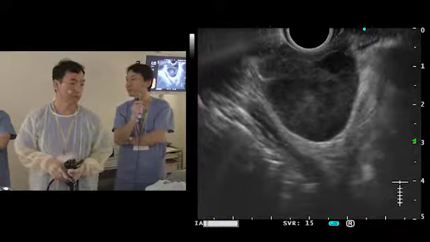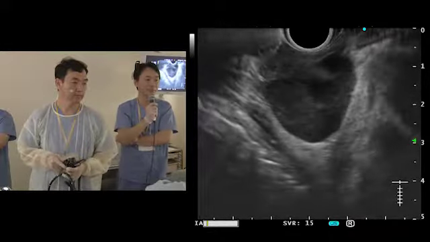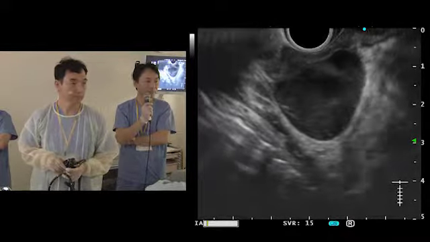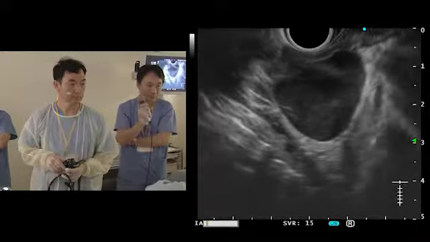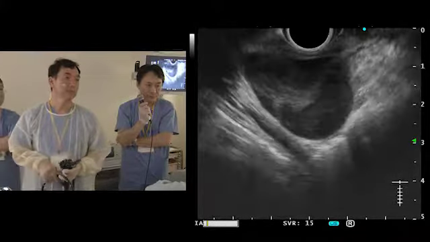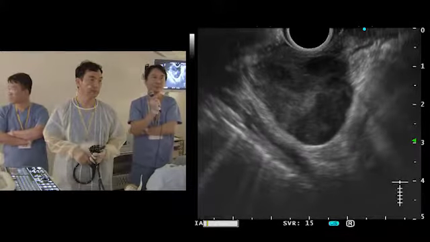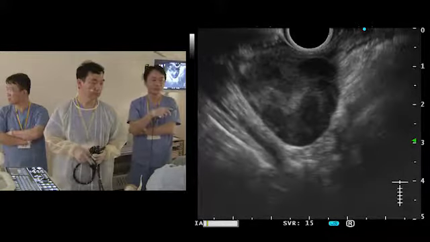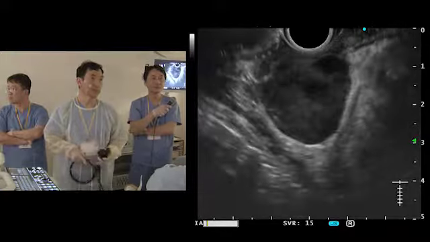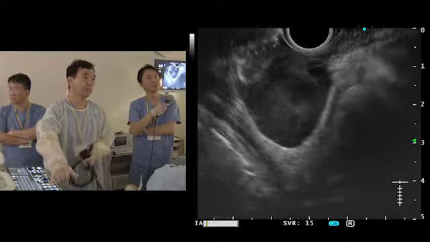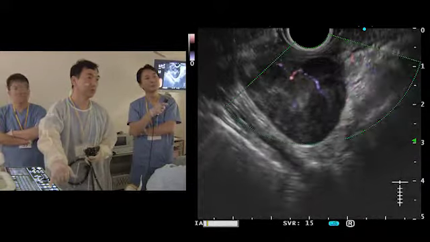Any questions from the audience? Dr. Fukami, when you were doing the FNB, was it soft? Because it seemed to go through pretty easily. Yeah, actually, I felt it was pretty soft. When I was advancing, probably at the septum, I felt a little resistance, but otherwise it was fairly soft. And what do you think about the bleeding inside the tumor? There's a little bit of an echogenic appearance, so you may be right.